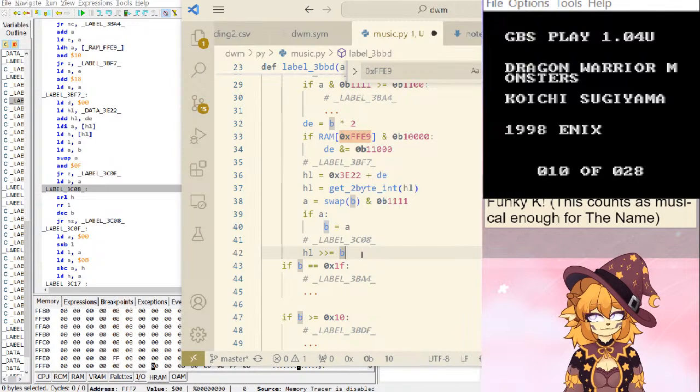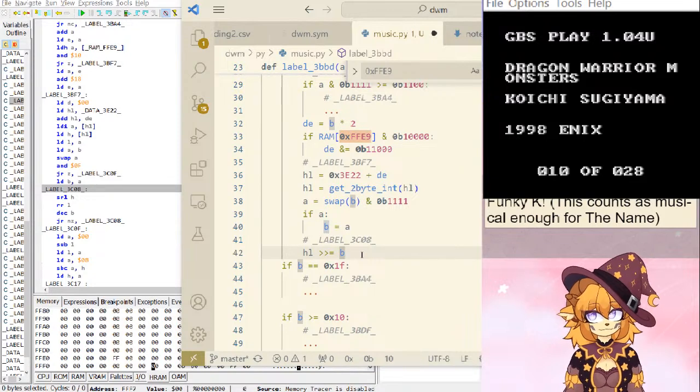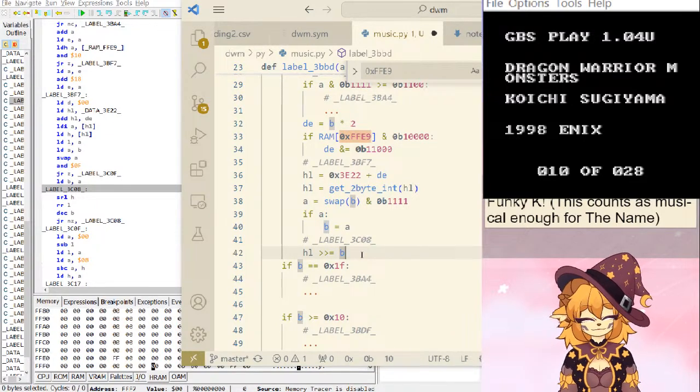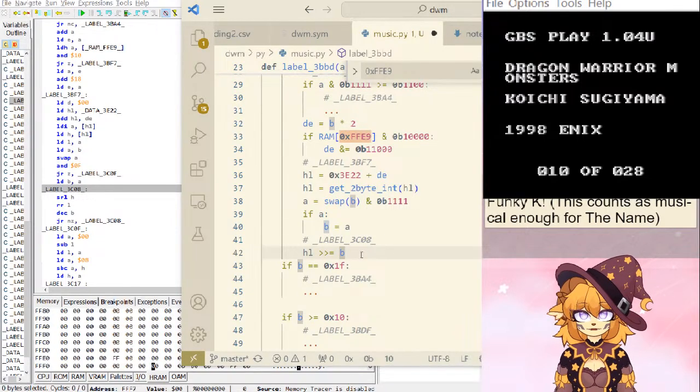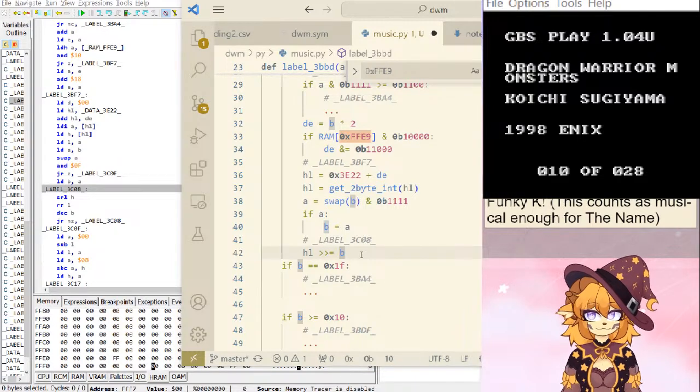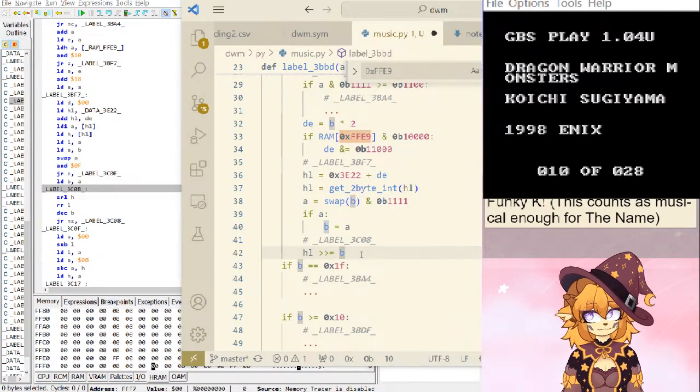A lot of shifts actually. Up to 15 shifts, which is outside range of a, wait. No. Not outside the range of a 16-bit value. You'd still have the 1. Let me think this through again.